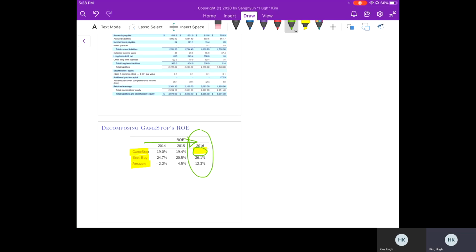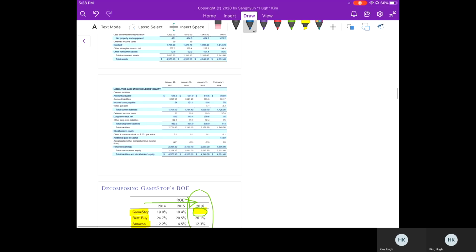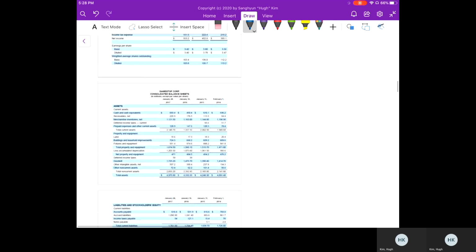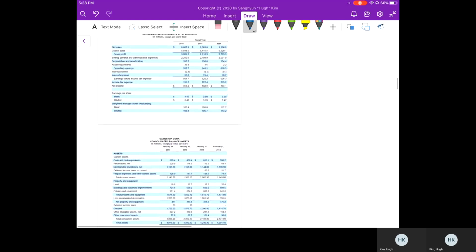So GameStop's ROE for 2016. ROE is defined as net income over total equity.